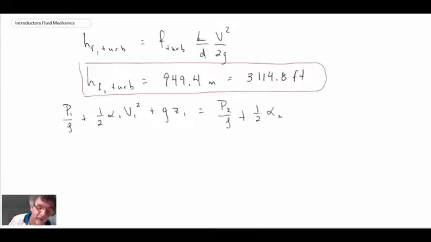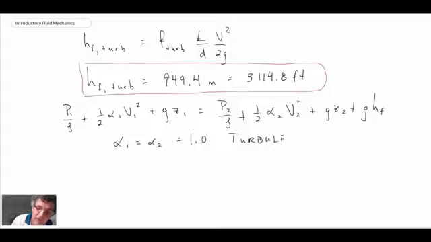And given that we're dealing with turbulent flow, the value of alpha is going to be 1. So alpha 1 equals alpha 2 equals 1.0 because we're dealing with turbulent pipe flow.